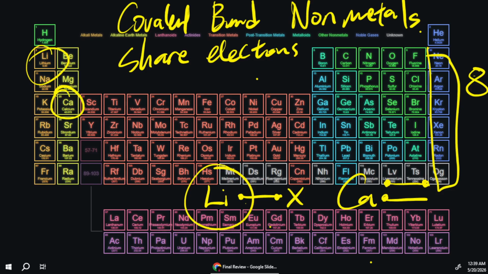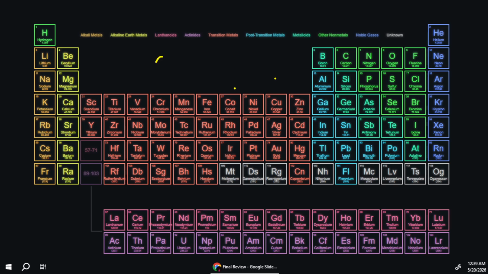But nonmetals, on the other hand, are usually over here. They have 5, 6, or 7 valence electrons, so they can afford to share. So for example, oxygen. Oxygen has 6 dots, 1, 2, 3, 4, 5, 6, and let's bond it with another oxygen. By sharing, let's do a blue color, they will share those 2 dots, okay?